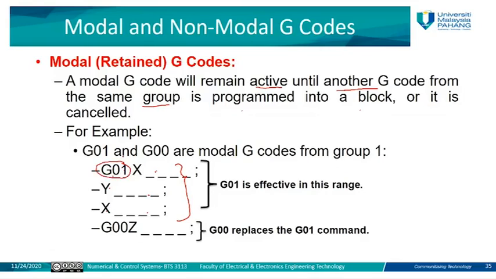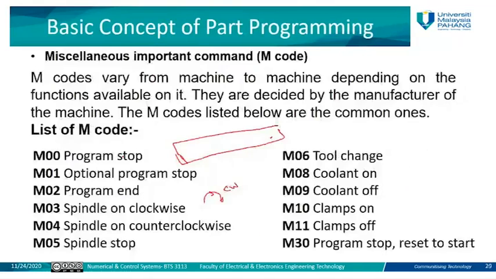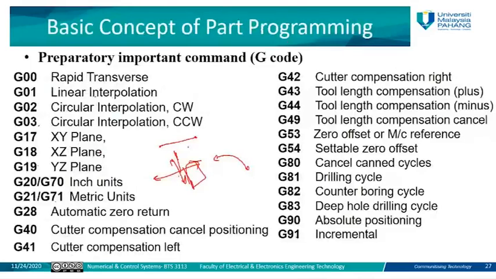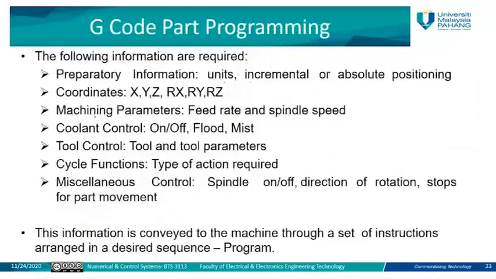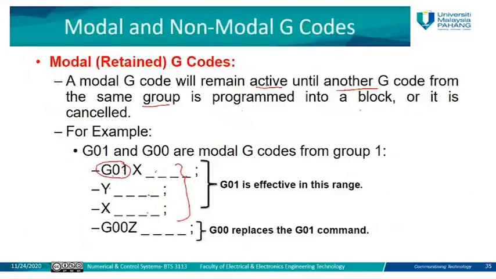What is G01? If you go back, G01 is linear interpolation. That means for the first 2 points, it will move in a straight line. Then there are another 2 points, for example, go down, straight line, then go back, straight line, and so on, whatever the number of coordinates that I'm going to define for this G01 function, until I enter another G code from the same group.